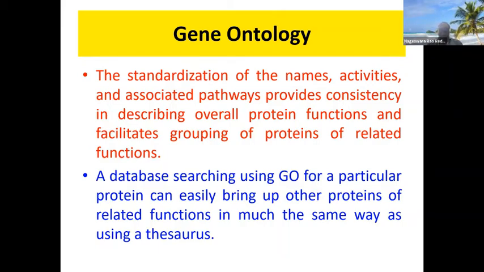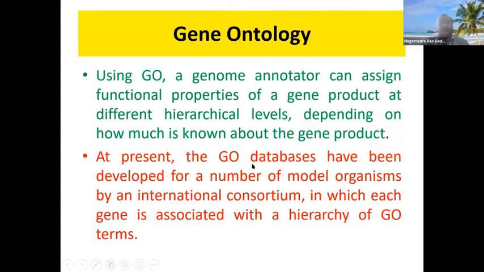It's already available. Database searching using GO for a particular protein can easily bring up other proteins with related functions. So this is your gene ontology. Using gene ontology, a genome annotator can assign functional properties of a gene at different hierarchical levels, depending on how much is known about a gene product.